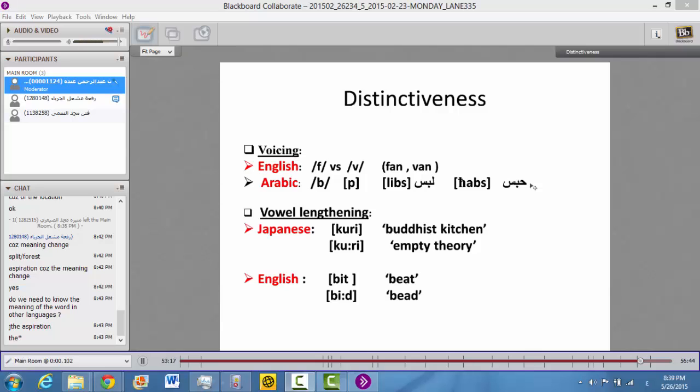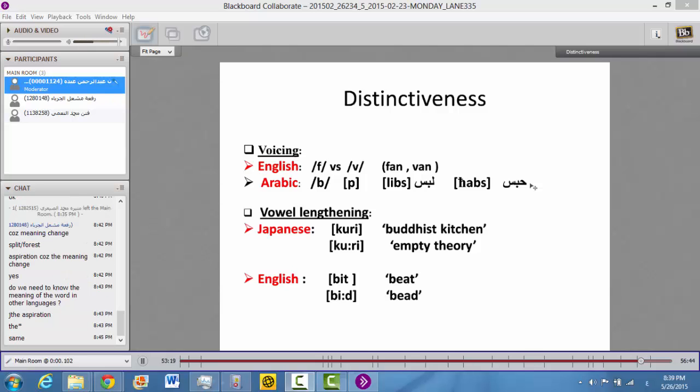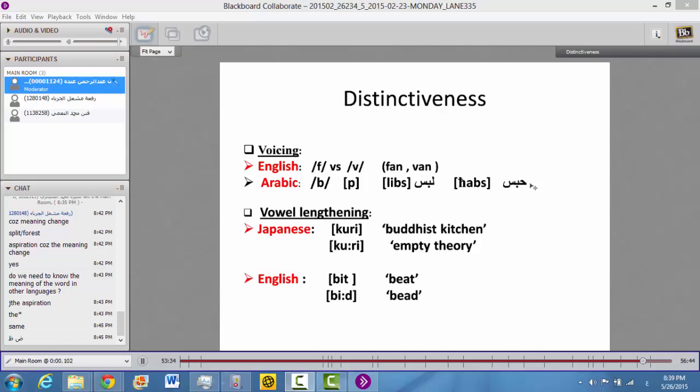You are producing the ba as ba. But when you say laps, because it is followed by a voiceless consonant, which is the sa, we are going to produce this voiced ba as a soft one. Laps, lips, haps. It's not like bas or bab.